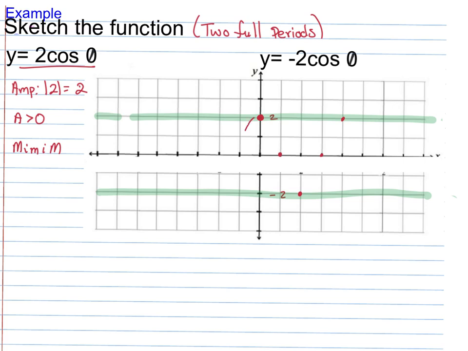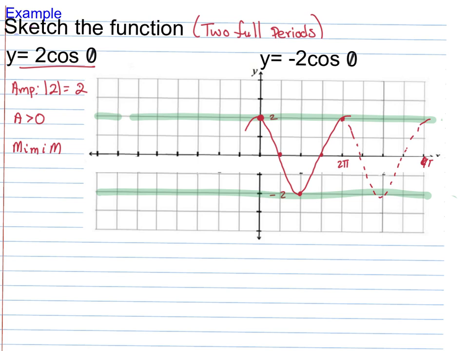So this right here is one cycle, and it ends at 2 pi. But I want 2 full periods of it, so I would graph another one like that. And that would be 2 full periods, and this other period ends at 4 pi.